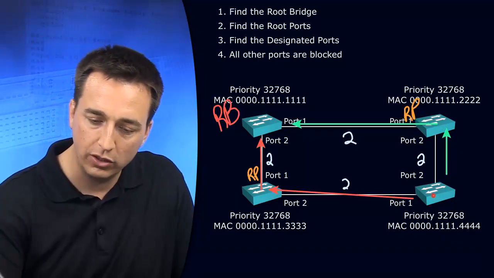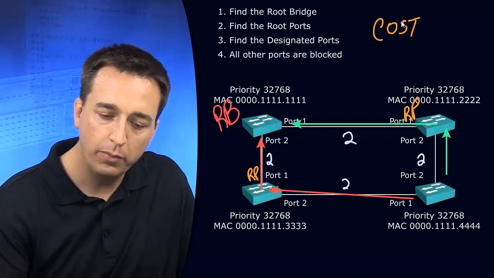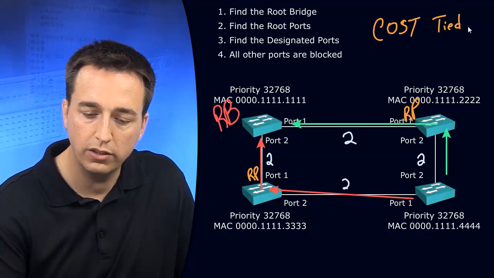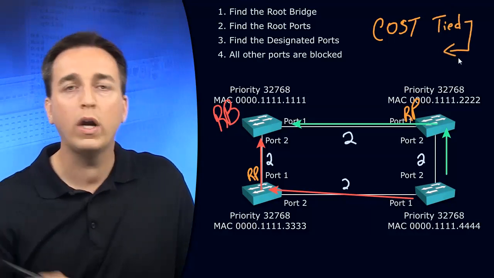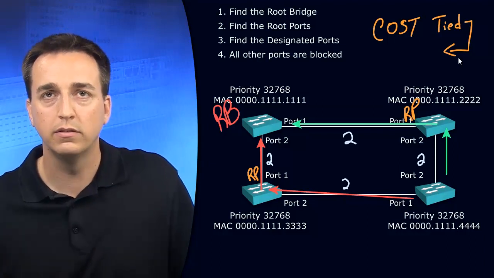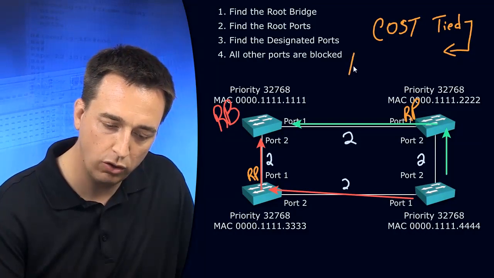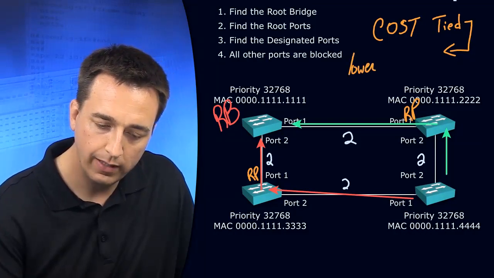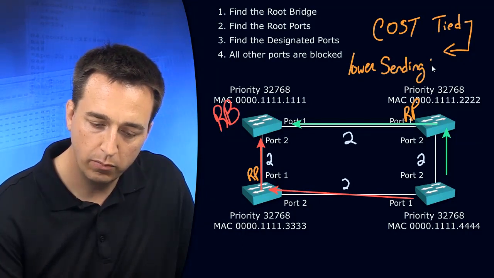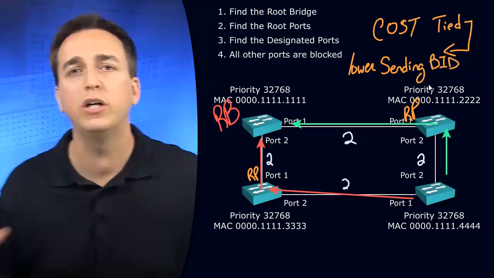So what have we examined so far? We have examined cost. But in this case, cost is tied. So since cost is tied, what can we use to break the tie? We can look for the lower sending bridge ID.